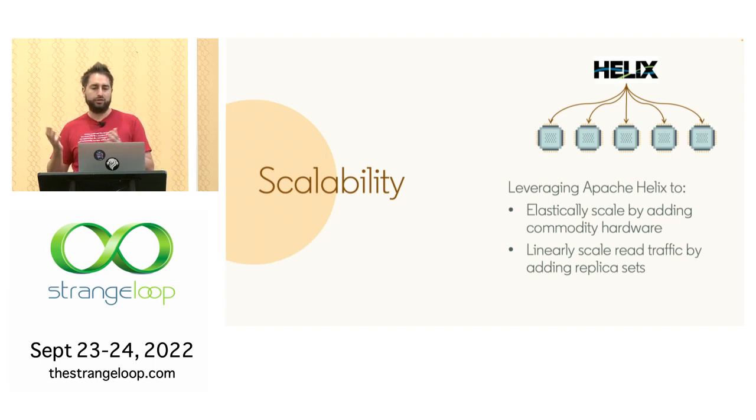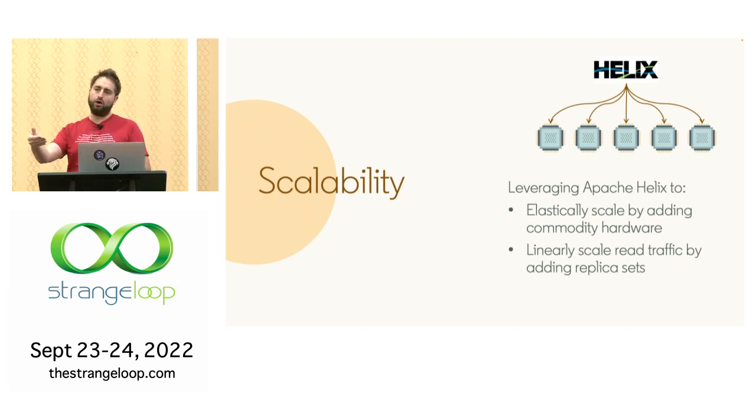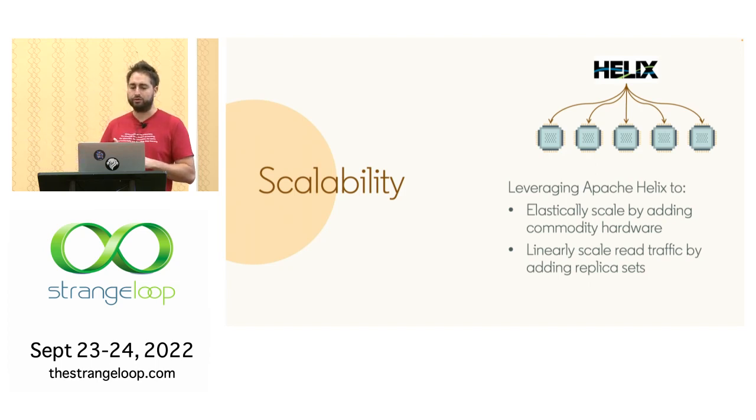And because Venice is so optimized at high volumes of ingestion, this leverages the exact same code path, so rebalancing is also fairly fast. Now, another aspect of scalability is that as you add hardware, you want your capacity to increase linearly in proportion to the amount of hardware you added.